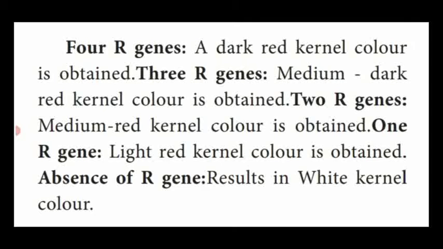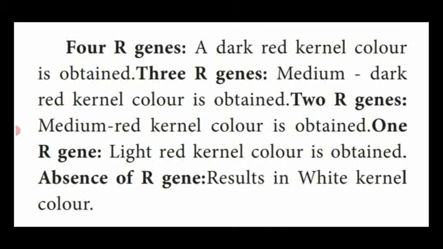See, depending upon the R alone, we determine the color of the wheat kernel. If it possesses capital R gene, it is named red color kernel. But the color of the kernel may also vary depending upon the number of R genes present in the wheat kernel.